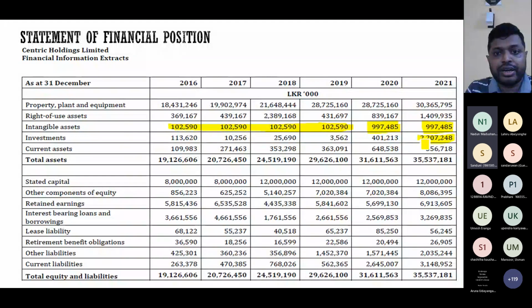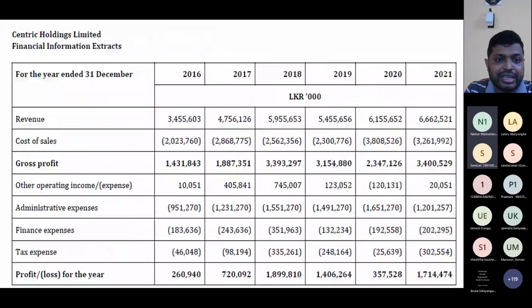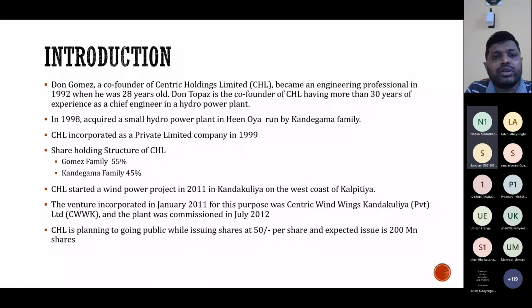The investment, Centric Holdings Limited: what investments have they made? Assume when they acquired the Kandegama power plant, how have they recognized it? Because they initially paid some amount, I can't remember the amount. They have paid approximately 140 or 54 million, the total consideration of 280 million.